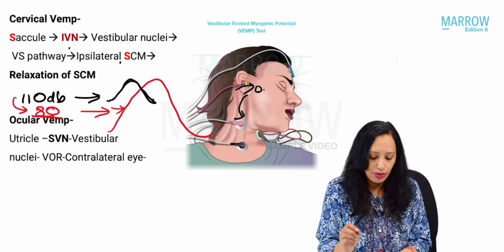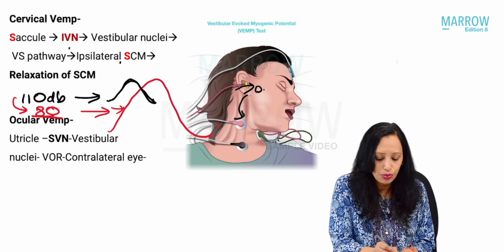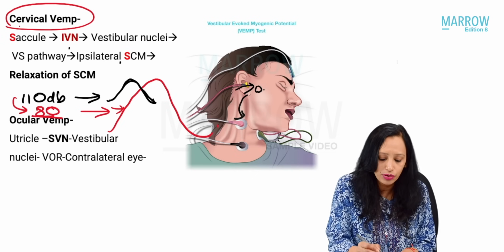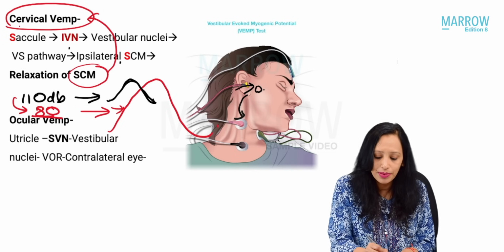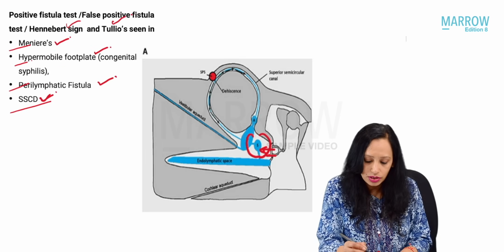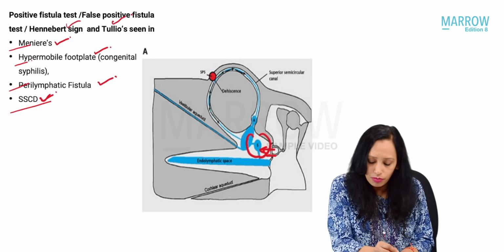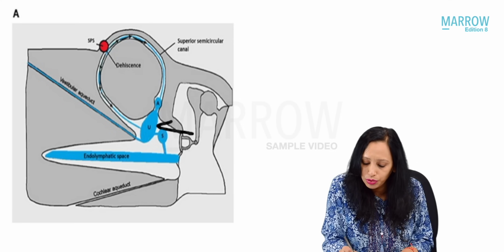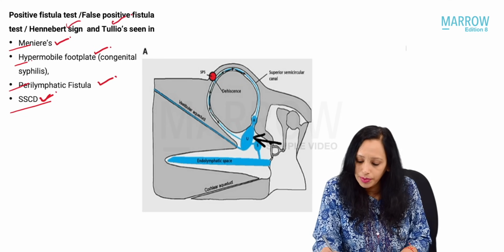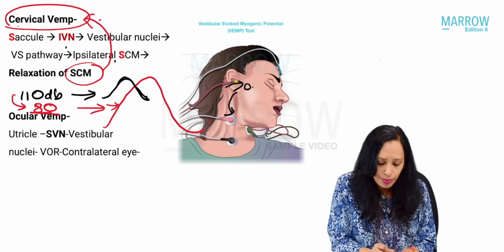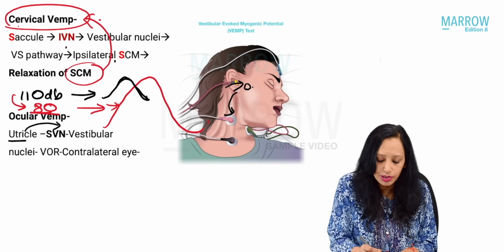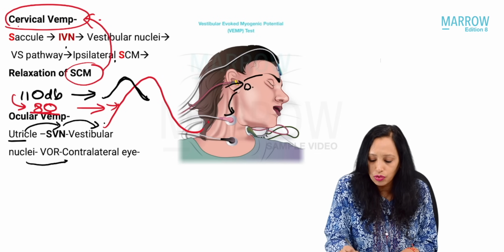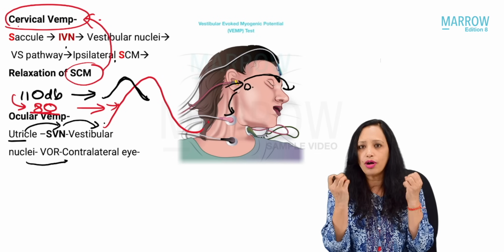Now the VEMP that I just told you, where we record in the sternocleidomastoid, is known as cervical VEMP. Now just see here, the abnormal movement of the foot plate can also stimulate the utricle. When it stimulates the utricle, from the utricle through the superior vestibular nerve, it goes to the vestibular nuclei and then to the contralateral eye muscles for closing of the eye.